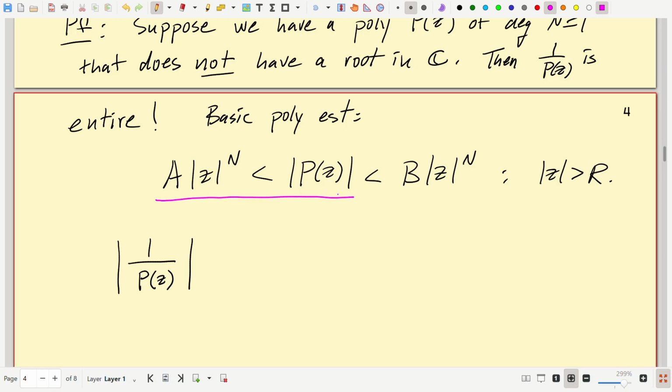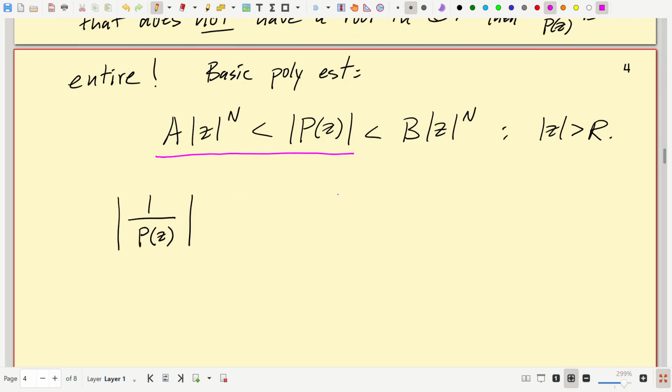So that's going to be less than 1 over A mod z to the n when mod z is bigger than R. That's interesting.